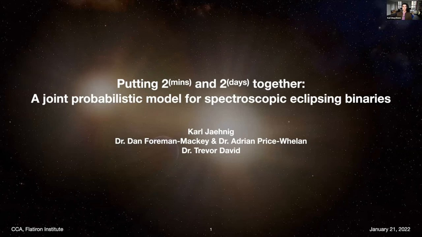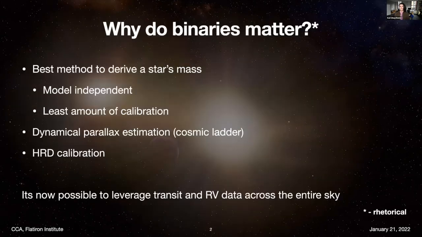To get to the main matter, being astronomers, we all know binaries matter, but just to make sure we're all on the same page, binaries are one of the most robust ways of deriving a star's mass. They don't require any models and are very relaxed in terms of needing calibration.